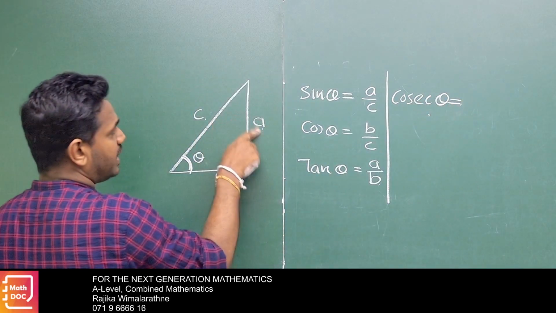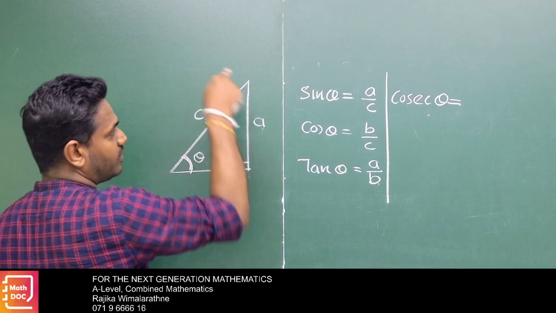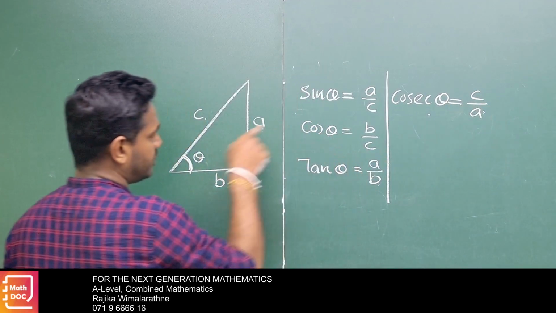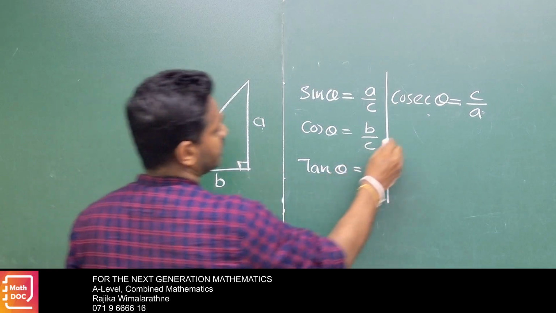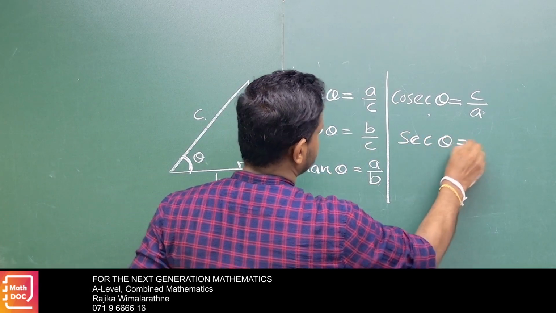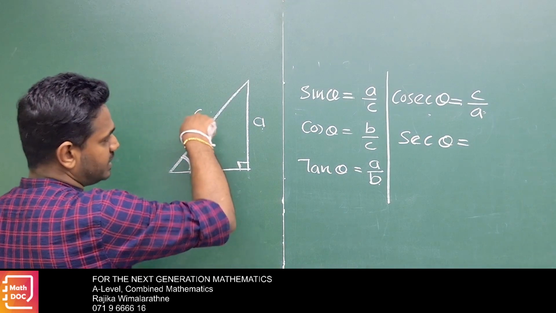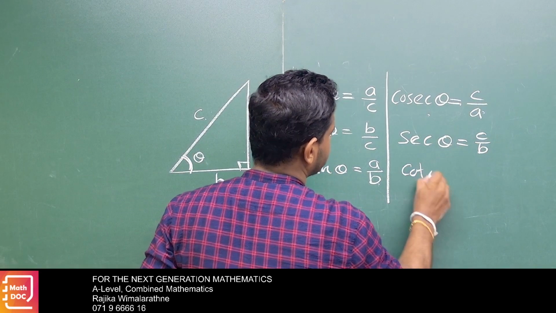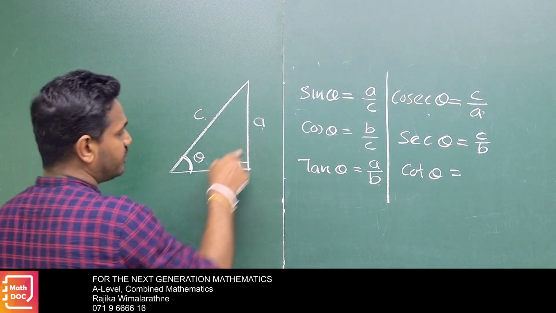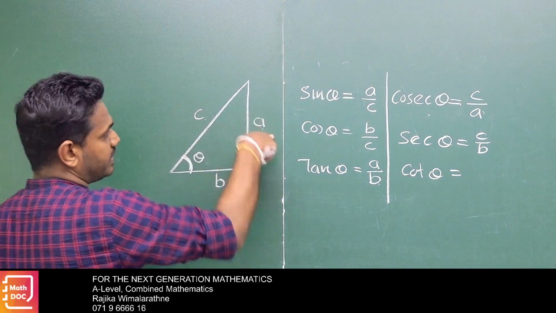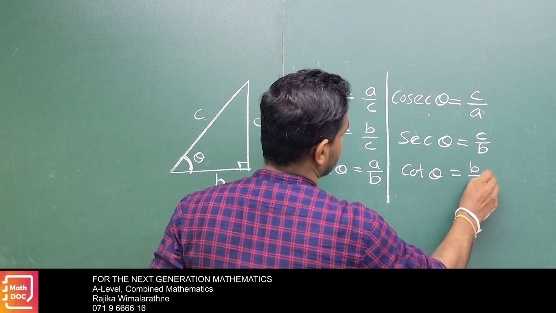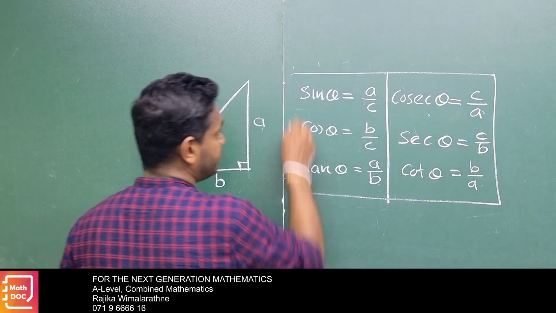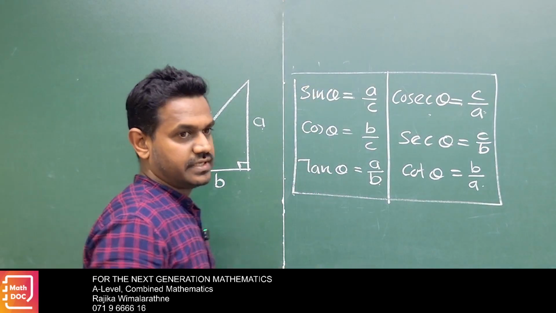So here sin is A over C, then cosec means C over A. Cos is B over C, then we have another one, sec, C over B. Then cot. Tan is A over B, then cot is B over A. So now we have 6 different trigonometric ratios.